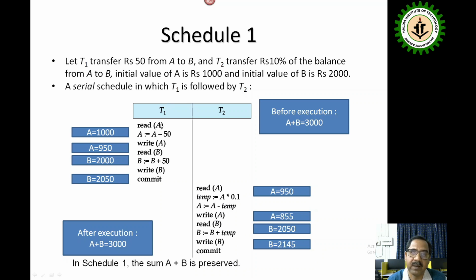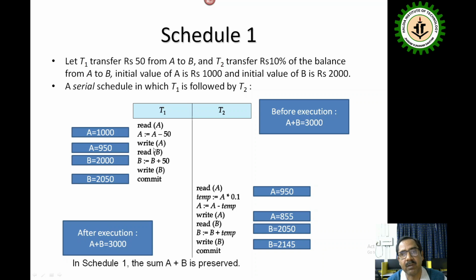That means T1 first read the initial value of A and modified it to 950. T1 read the initial value of B, which is 2000, and modified it to 2050. Commit. That means all the modifications are saved permanently.